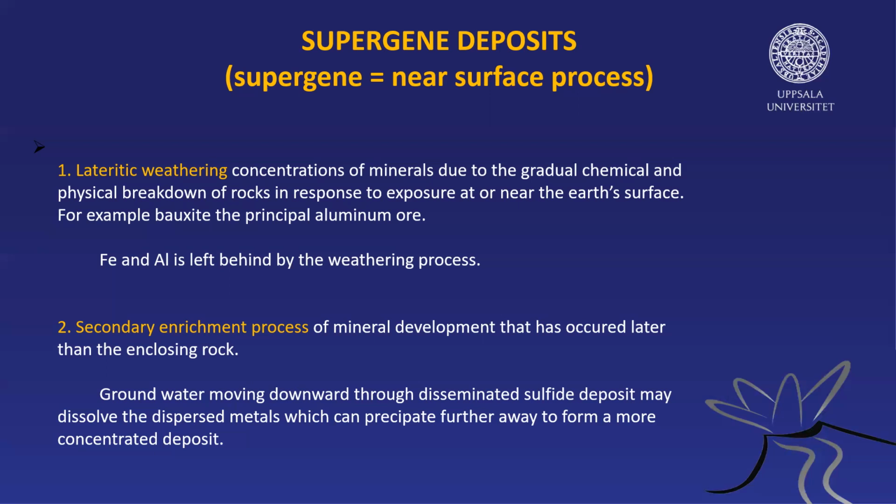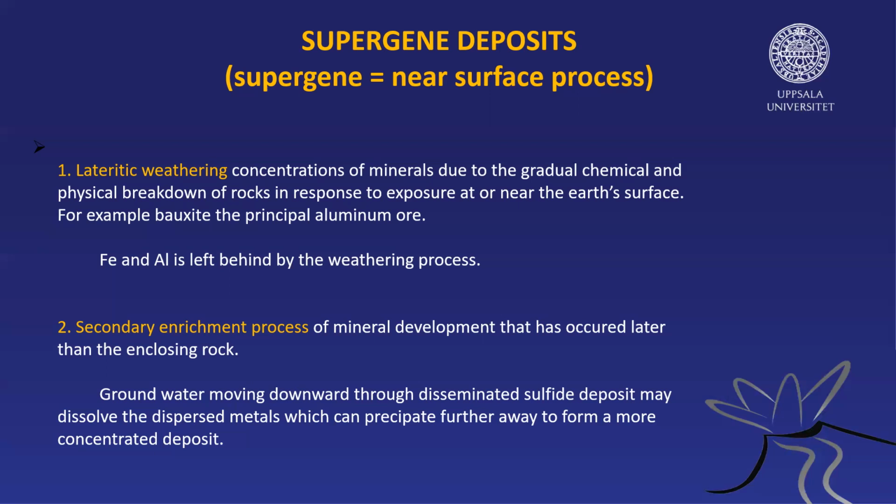Lateritic weathering is one of the processes that form supergene deposits. That's the concentration of minerals due to the gradual chemical and physical breakdown of rocks in response to exposure at or near the Earth's surface.